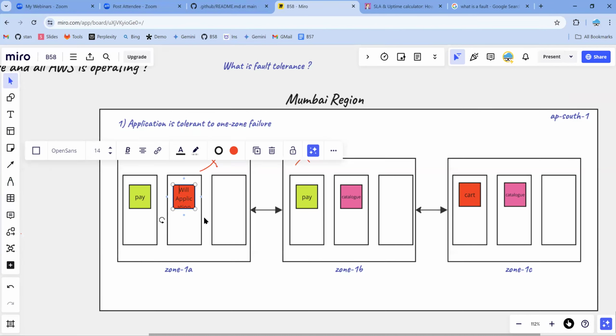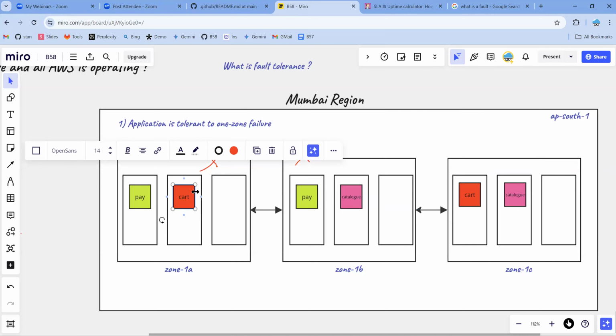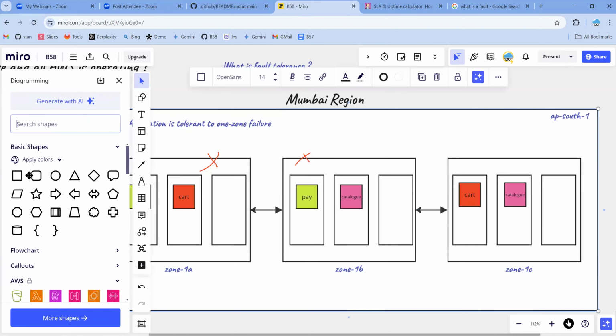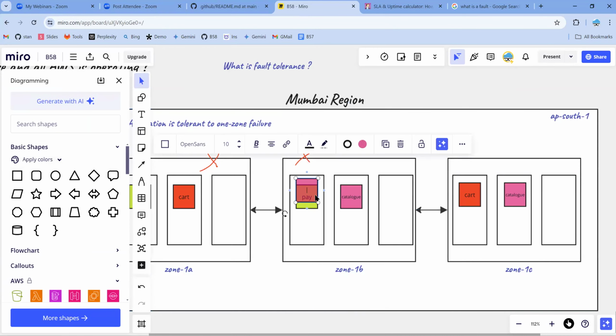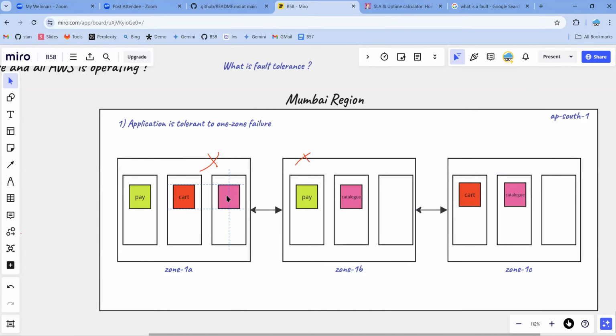Let's assume, I don't know why this copy paste is not working. All right, let's take this.